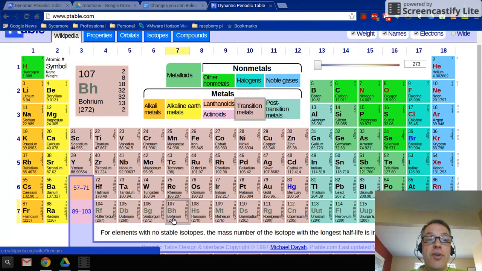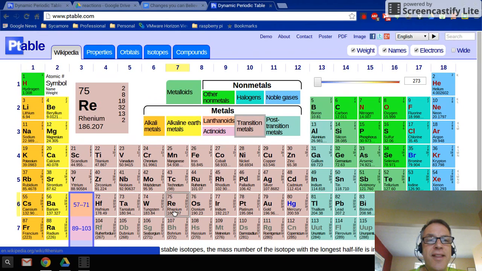You can only find them if you make them in a lab. Okay, so that's the periodic table 101. These transition metals tend to have delocalized electrons, which are the d electrons, and they are used a lot in construction and making jewels, and making stuff that we wear, like rings and things like that.